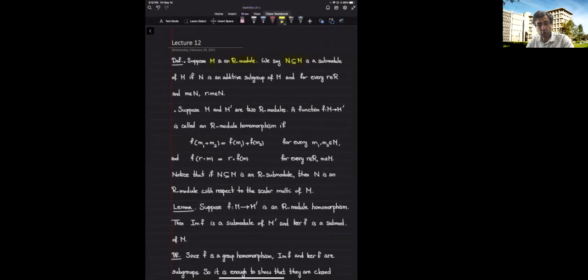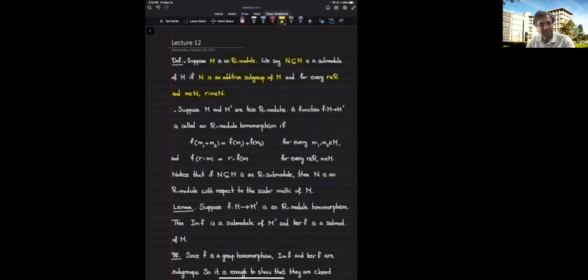So N should be a module with respect to the addition that comes from M and the scalar multiplication that comes from M. I can write it like this: N should be an additive subgroup of M, that guarantees the additive structure is compatible with M, and it should be closed under scalar multiplication. That way I can restrict scalar multiplication to N and get a scalar multiplication there.